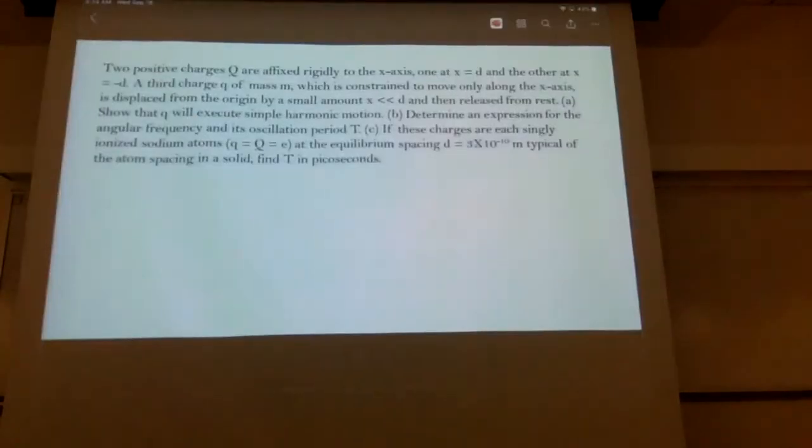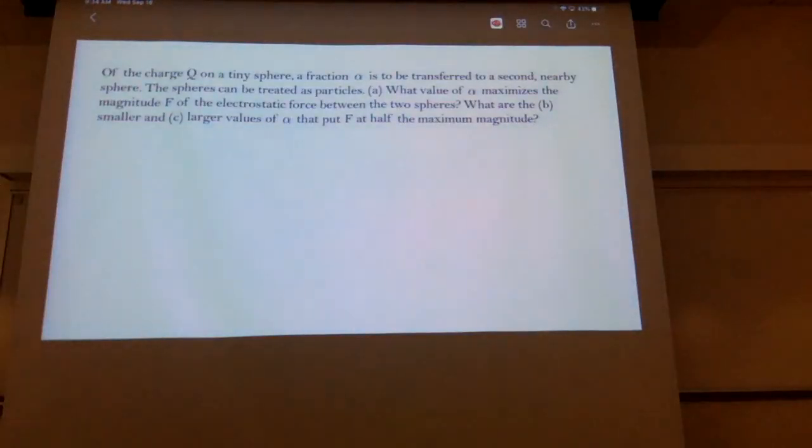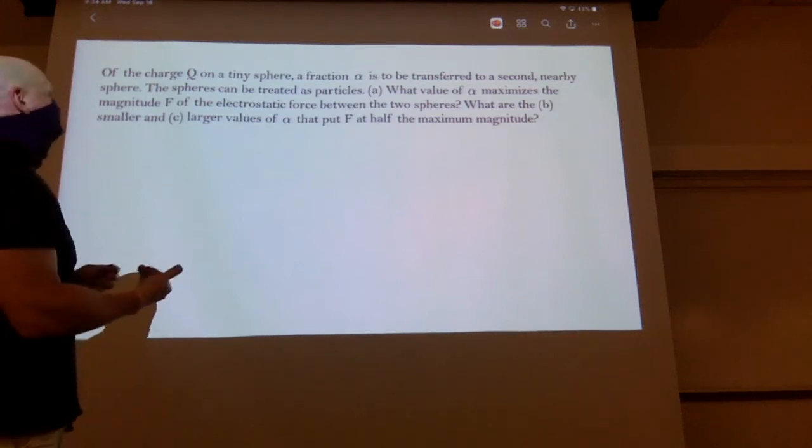So the last problem says that we have charge Q on a tiny sphere, and then we're going to touch that sphere to a second sphere, which has an original charge of 0.